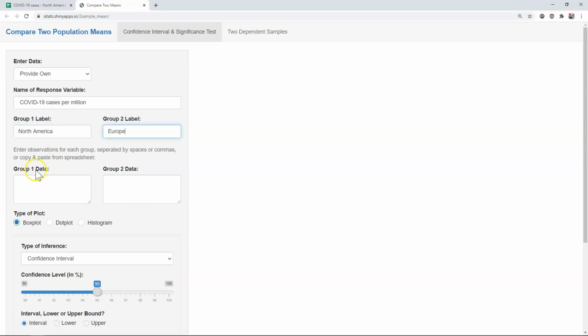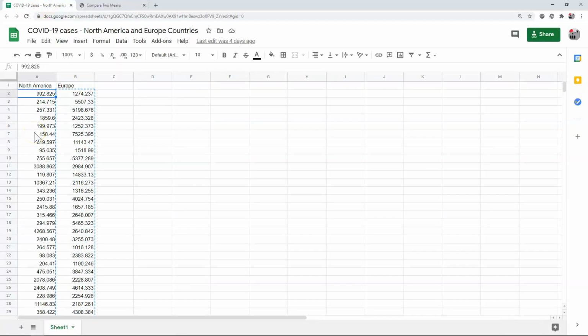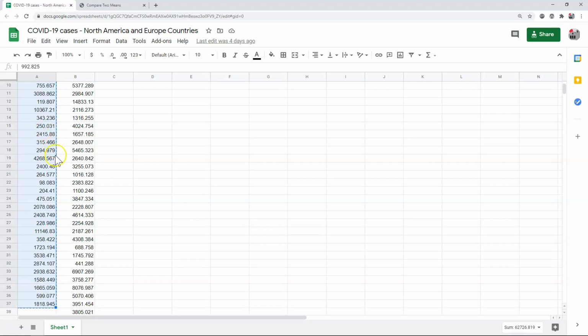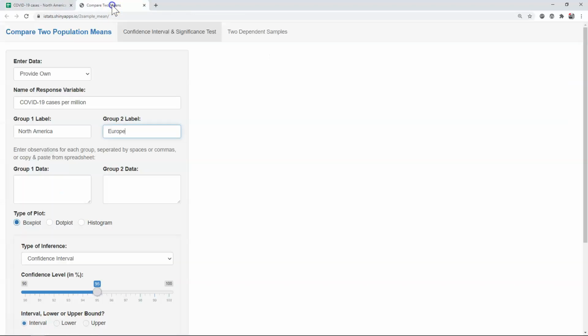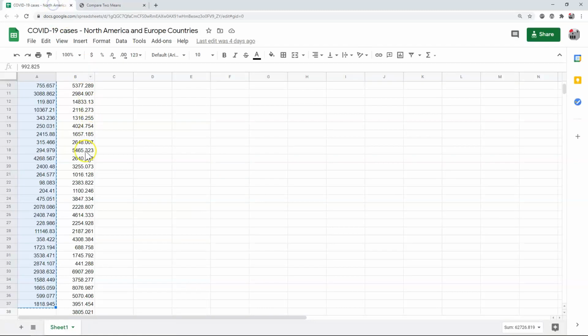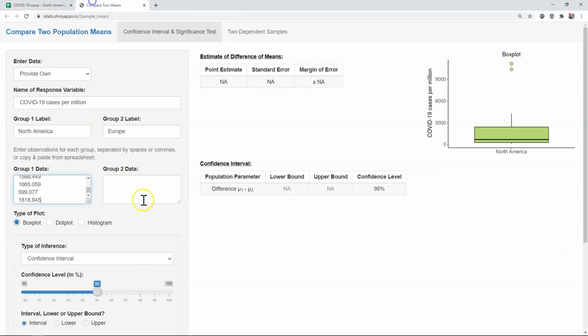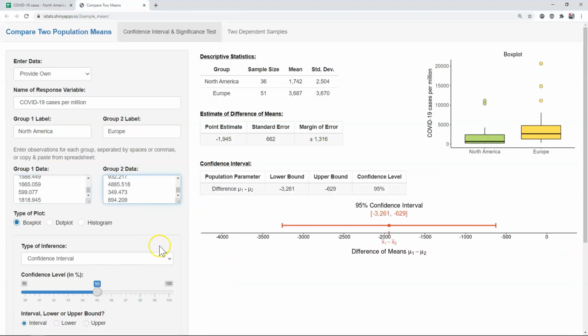Then we can put the individual observations within these two boxes, group 1 versus group 2. Group 1 is North America. I can just go to the North American list, copy those, and paste them in. Same thing for Europe. Select all those values, copy them, and paste them in.